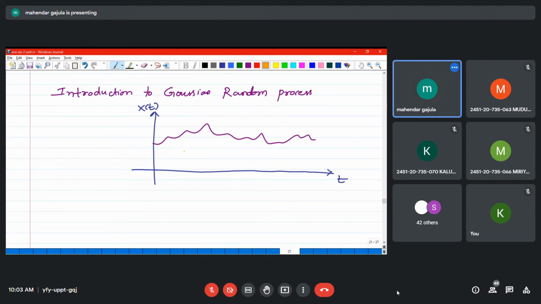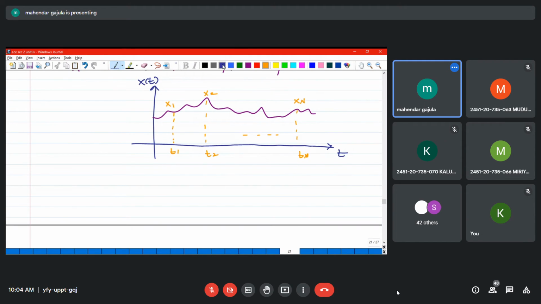Now I'm going to consider n number of random variables, x1, x2, up to xn.